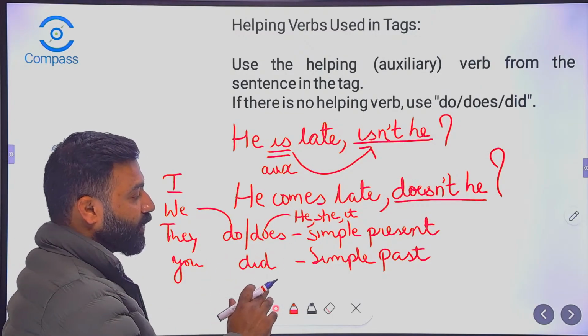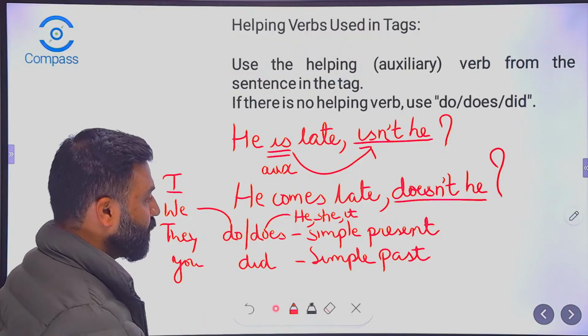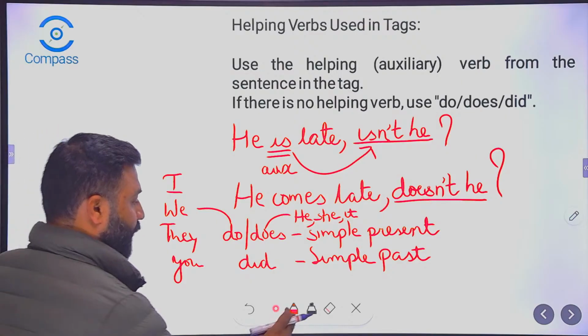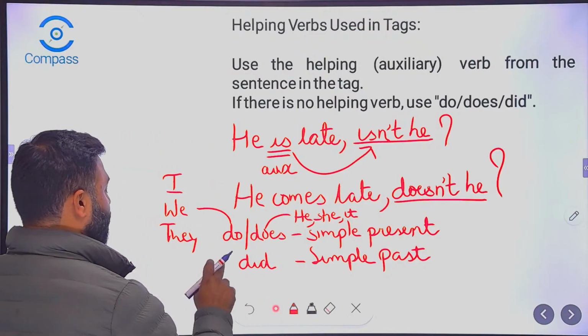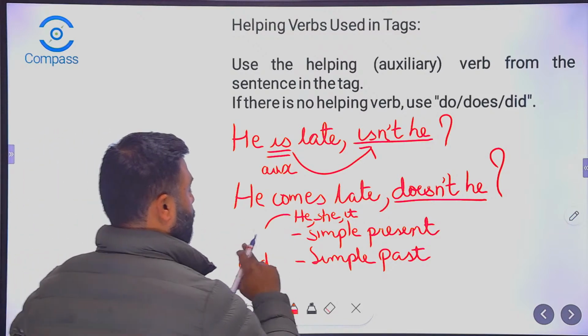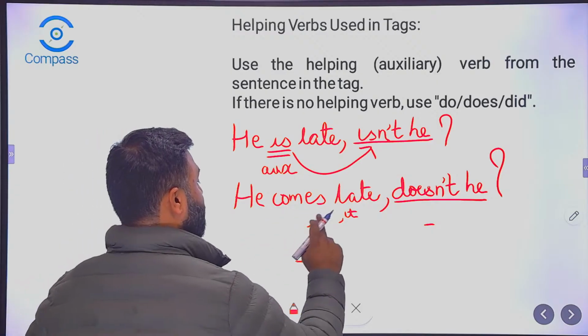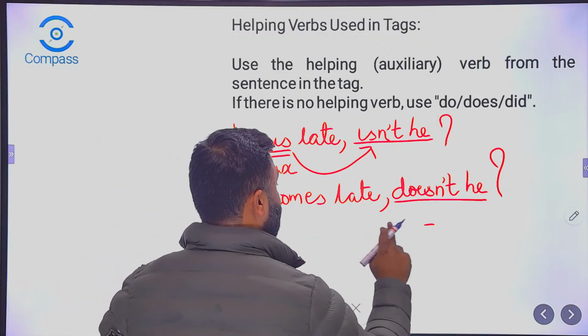So I would like to also give you one more example of did. For example, let me erase some portion of it. As I told you, did is used in simple past. Let me give you an example.